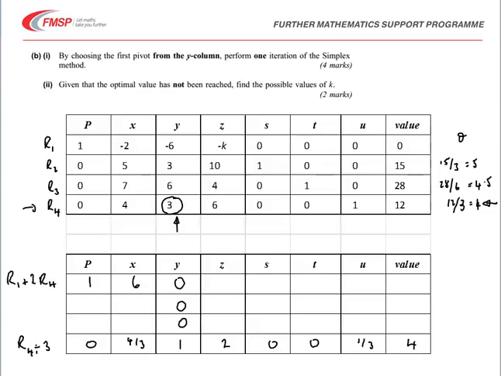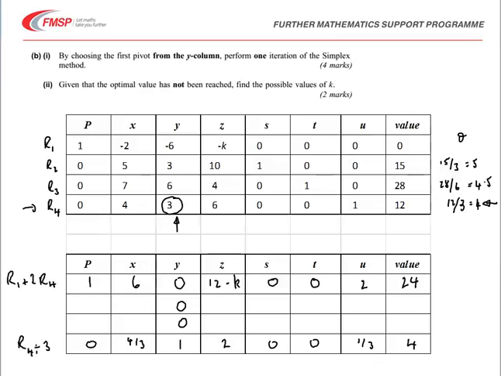The 0 there is designed. The next one, -k plus 2 lots of 6, so that's 12 minus k. Then it's 0, 0. In the U column we have 0 plus 2 times 1, so that's 2, and finally 0 plus 2 times 12 is 24.